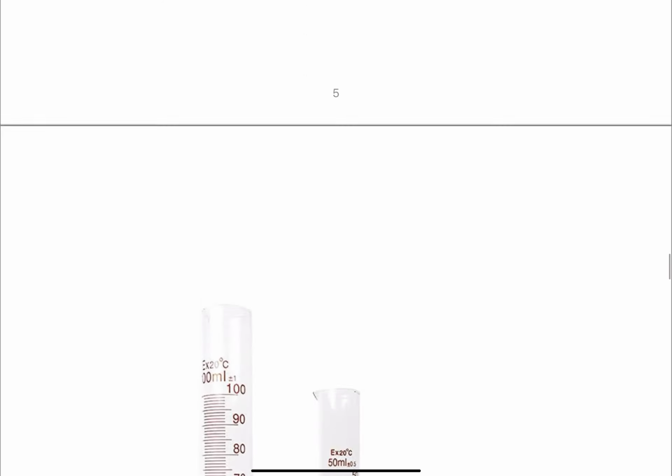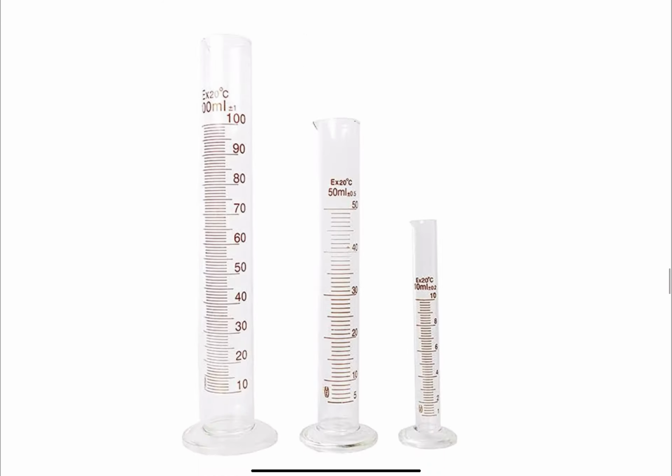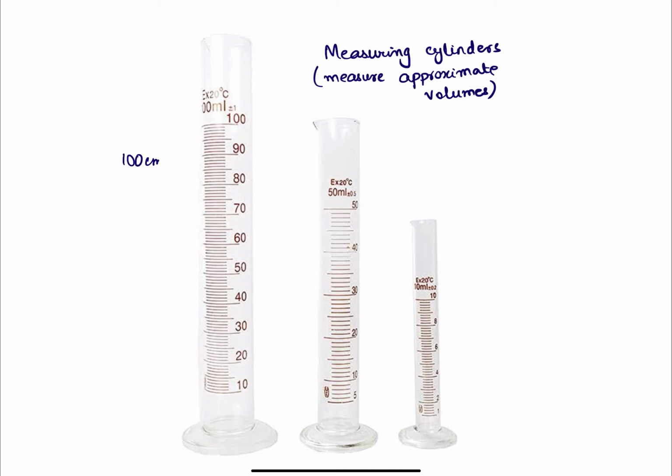Then we have another apparatus to measure volumes, that are measuring cylinders. Now measuring cylinders measure approximate volumes. They're not very accurate. So they measure approximate volumes. Not accurate volume. So this is a 100 cm cube or a 100 ml measuring cylinder.